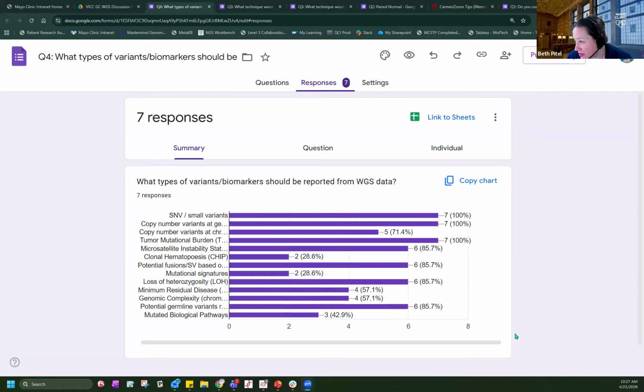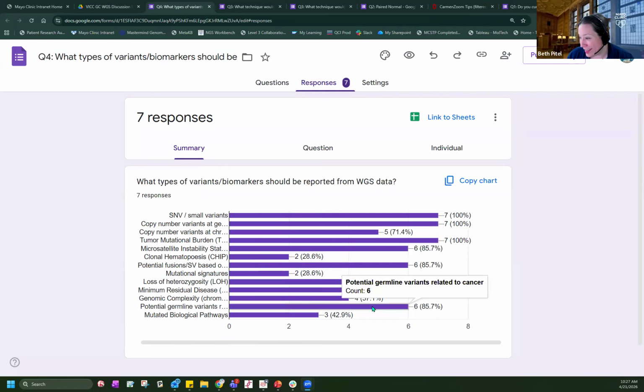Also scoring high are potential fusions or structural variants based on a DNA footprint. Like if you have KIAA1549-BRAF in a pilocytic astrocytoma, you would probably point that out. LOH, or loss of heterozygosity, also scored high.